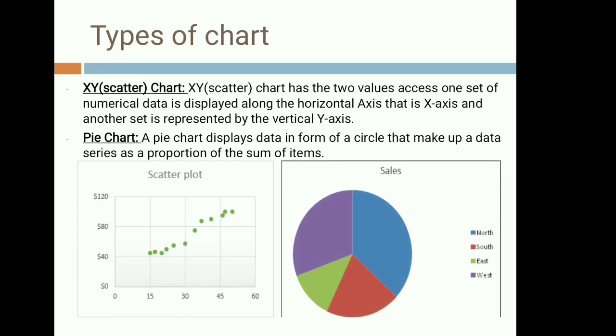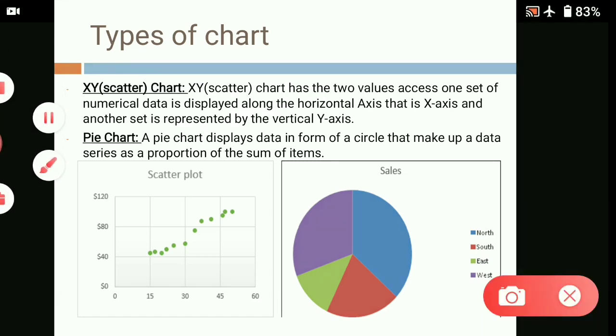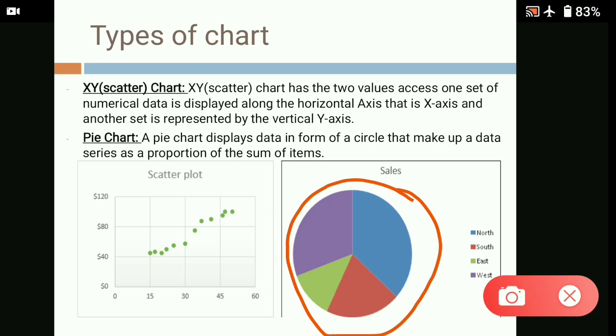Move to our next type of chart, that is the pie chart. As you can see in the picture, a pie chart displays the data in the form of a circle that makes up the data series as a proportion of the sum of the items.